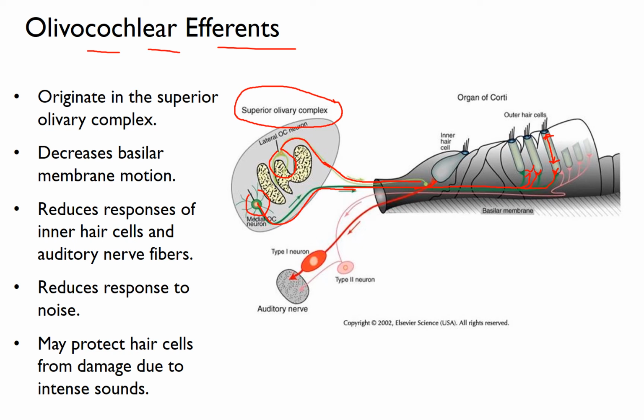Nuance, I'm not going to test you on these different nuances, but you can note here that the inner hair cells don't necessarily get a direct synapse onto the epithelial cell itself. It's actually contacting the afferent that is coming away from it at this location right here.